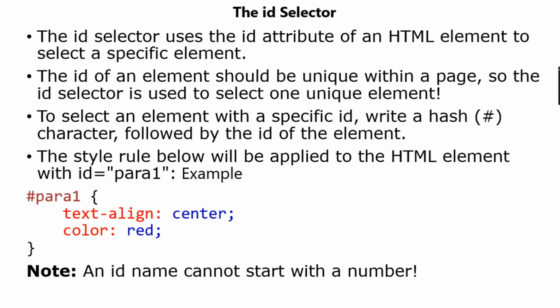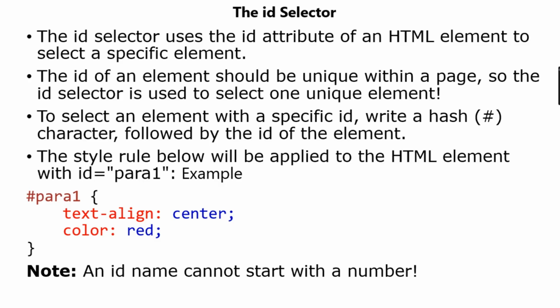So I cannot come and give it an ID param1, then go to another p tag and give it param1. There will be no difference because it is the same ID name. It should be unique, except I want the two p tags to have the same functionality, the same styling.